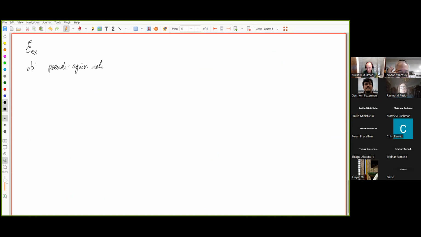Unfortunately, this pseudo has nothing to do with the two-categorical pseudo of up to isomorphism. What it means here is that it's like an equivalence relation, but it's not mono anymore. So you have an X, and then you have an R that maps to X cross X, and you have transitivity, reflexivity and symmetry. But this map is not necessarily a mono anymore. So two things might be related in more than one way, rather than just being a property. And then the morphisms and so on are defined in a similar way.